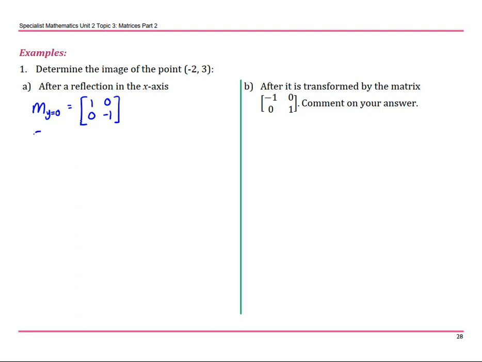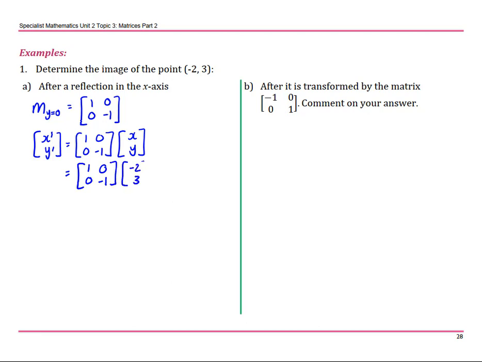So our image xy is going to equal 1, 0, 0, negative 1 times xy, and our xy is negative 2, 3. So that's 1 times negative 2 plus 0 times 3, 0 times negative 2 plus negative 1 times 3, which becomes negative 2, negative 3.